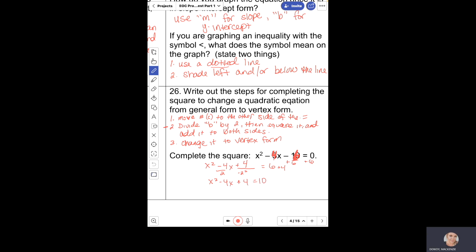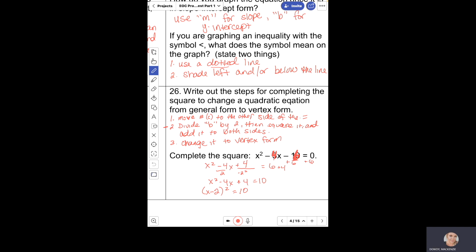So since we completed the square, we can factor this as x minus 2 squared, because x minus 2 times x minus 2 would be x squared minus 4x plus 4. So we're going to have x minus 2 squared equals 10.